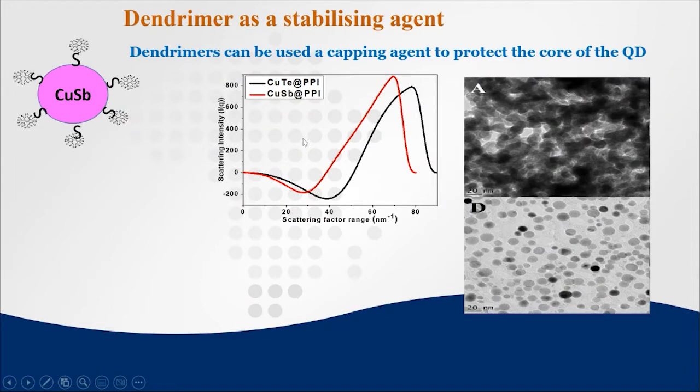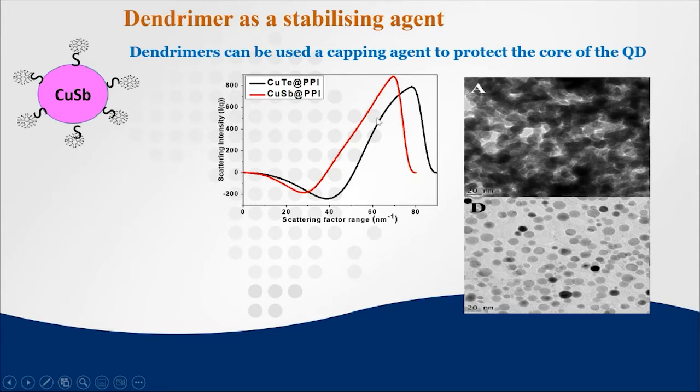But then there is a nice thing that we normally do in hard sciences. In hard sciences, we use various techniques that would complement one another. So in this case, we are looking at the small angle X-ray scattering. Yes, of course, we are looking at the structure of the prepared material.